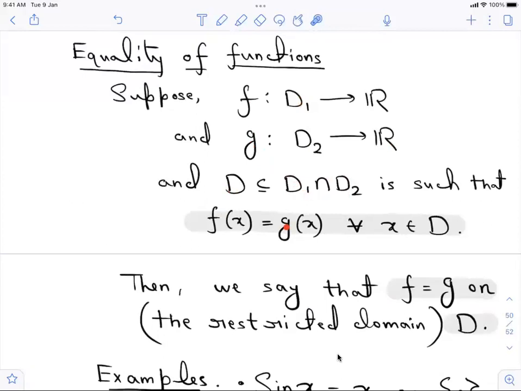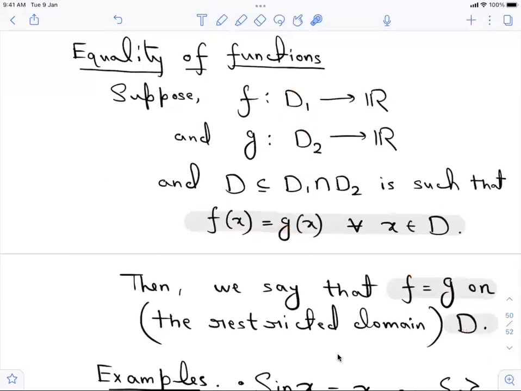where f and g agree, or they coincide. Then we're going to say that as a function, f is equal to g on D. D first of all can be a domain for both f and g because it's a subdomain of their initial domains D1 and D2.